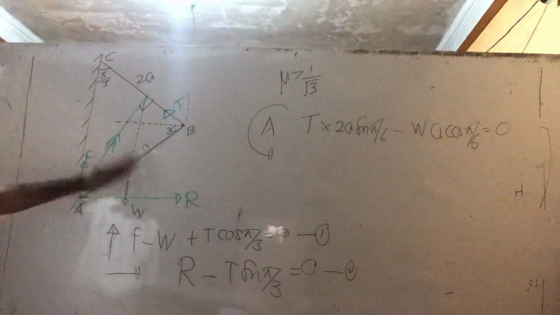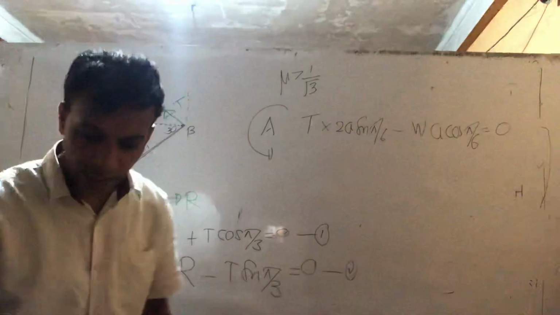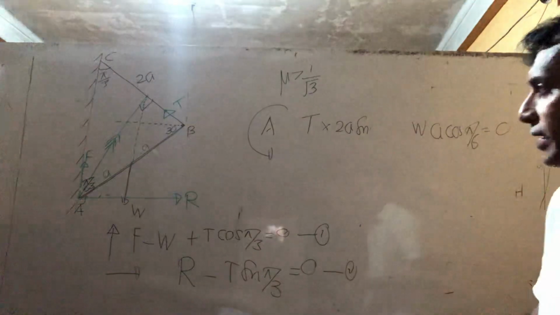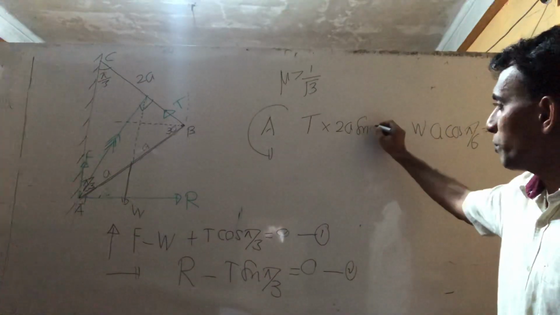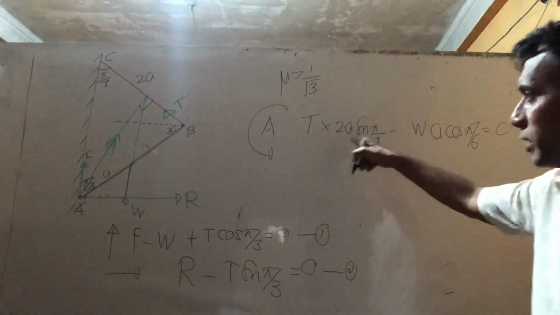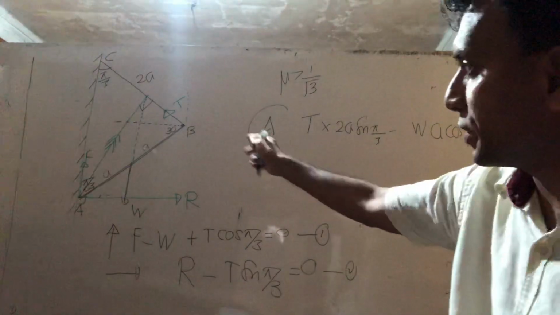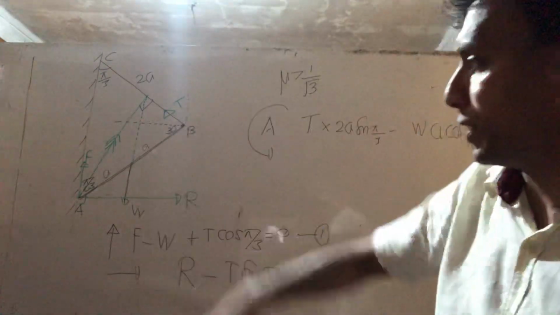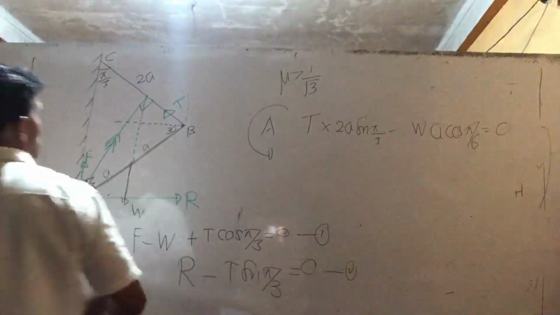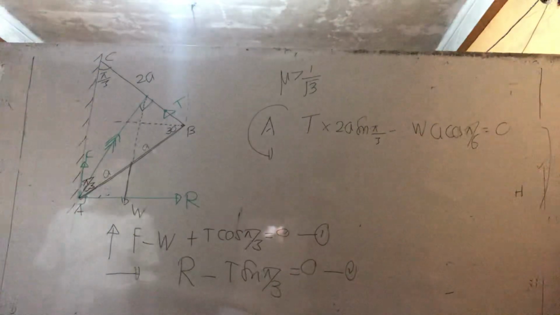I put here now. This part is wrong. Check, this comes sine pi by 3. Check that, sine pi by 3, is it? Sine pi by 3, that component of T into the perpendicular height. I missed that. Pi by 3, sine pi by 3.